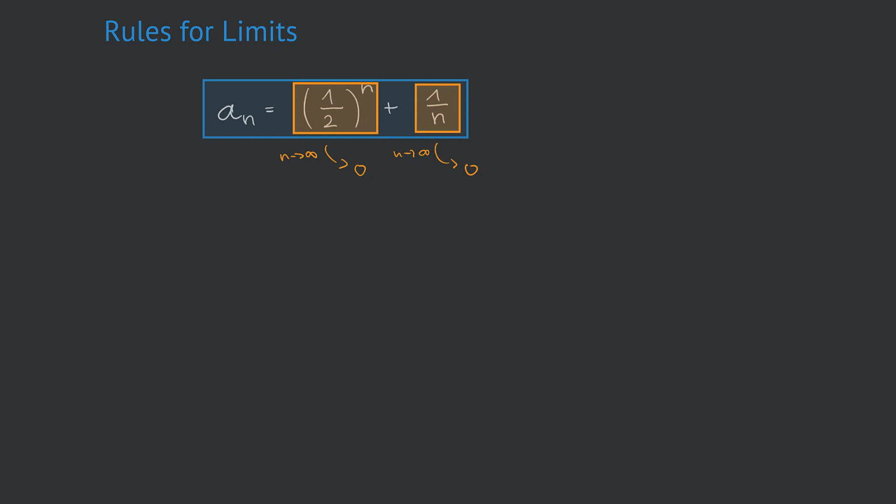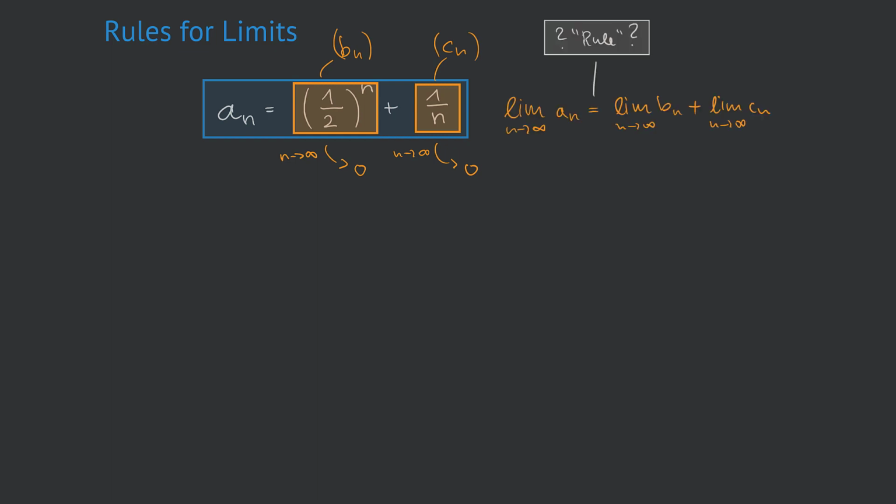Now if we call the first orange sequence b_n and the second orange sequence c_n, wouldn't it be nice to have a rule which allows us to calculate the limit of a_n as the sum of the limits of b_n and c_n? Because we know the limits of b_n and c_n, both are 0, the limit of a_n would also be 0. In fact, such a rule exists, and even more of them.